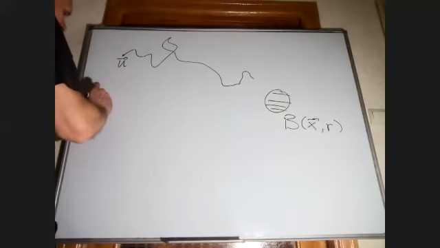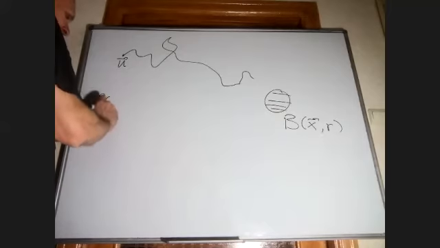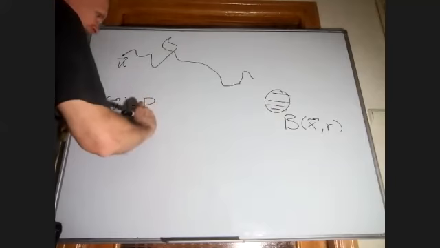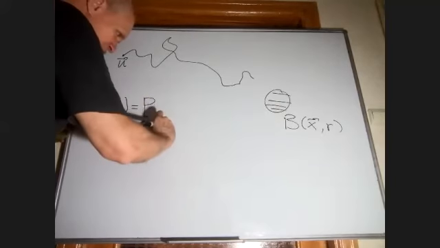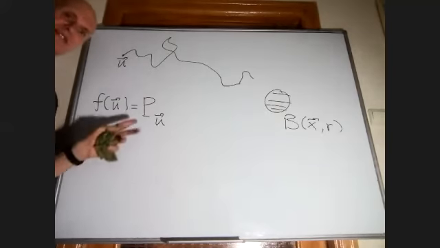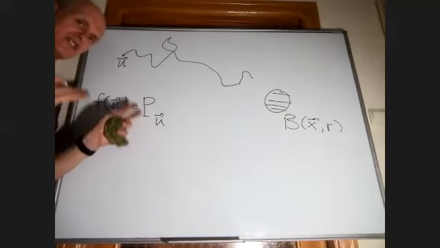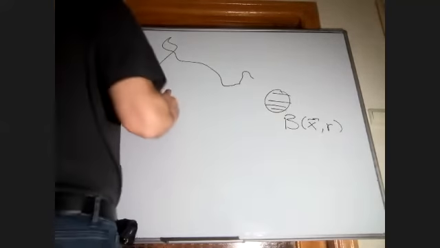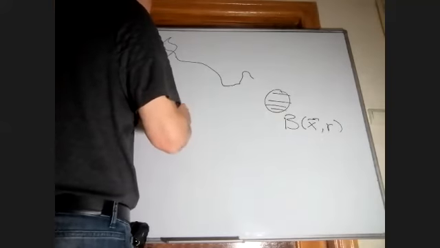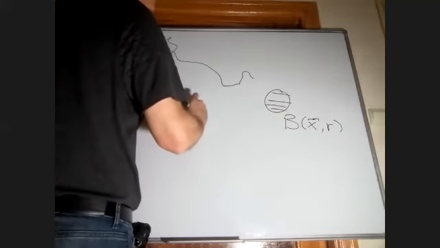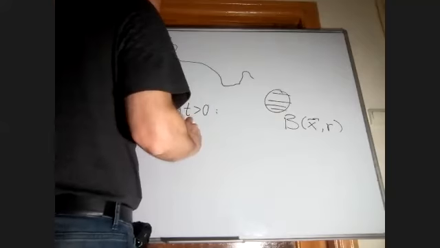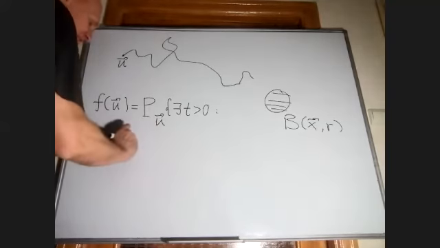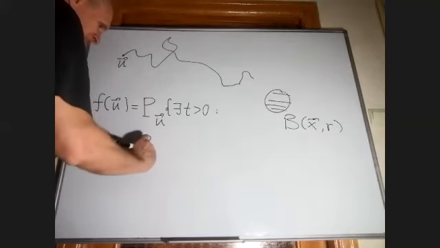And let us define a function f of u. It will be a probability, and I will put here u, which means, as we already use this notation, that we start from u. The probability that there exists t greater than 0 such that W_t belongs to this ball B(x).